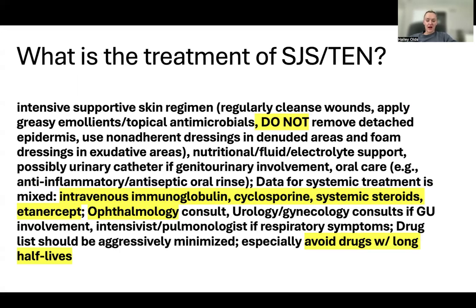So, ophtho for eye involvement, urology or gynecology for GU involvement, pulmonology if there's any respiratory symptoms. And you should really go through the drug list and try to minimize as many drugs that could possibly be causing this as possible. And then there is some data for some systemic treatments. The ones that have the most data are systemic steroids, IVIG, cyclosporin, and etanercept.